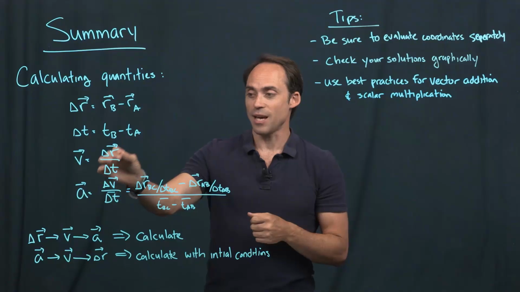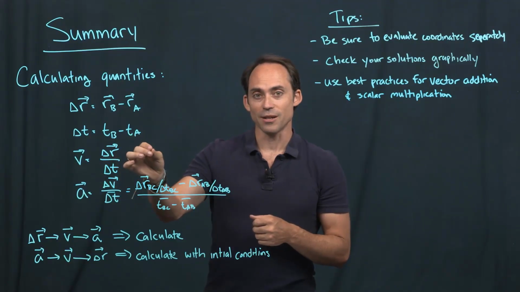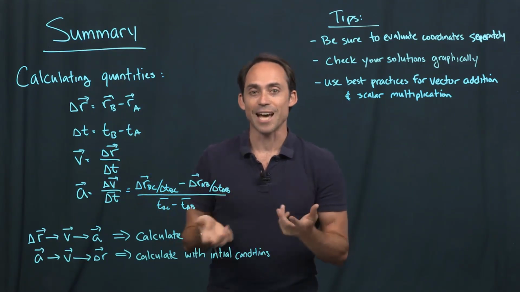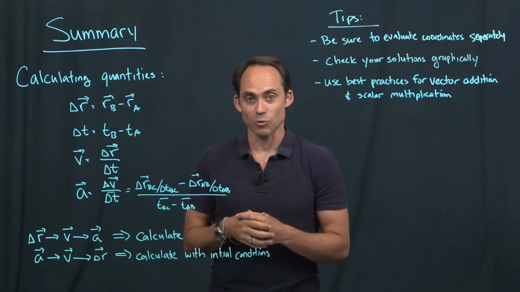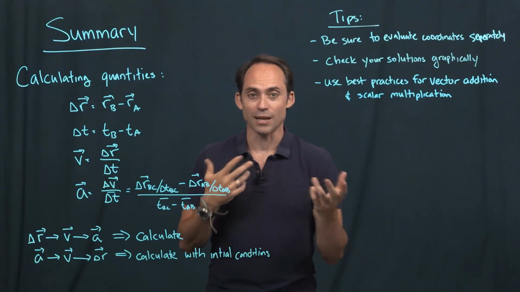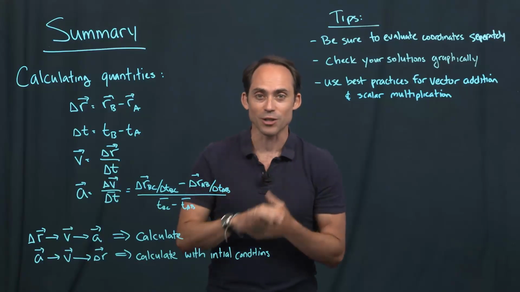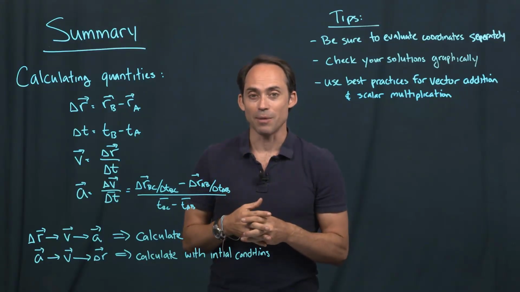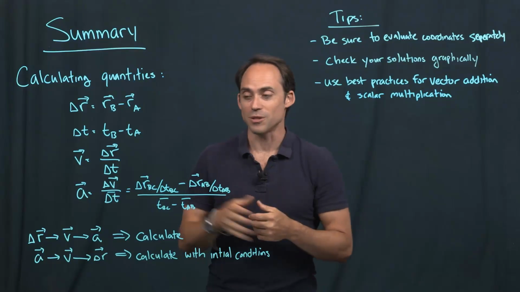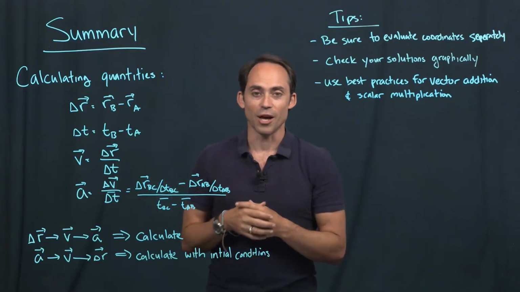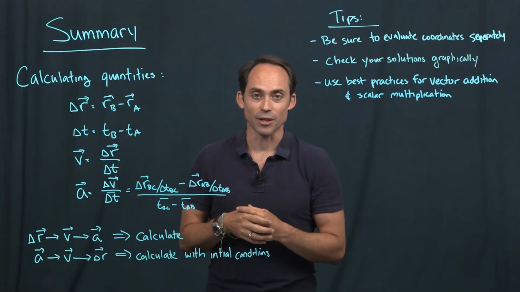And because this is a vector divided by a scalar, the velocity is going to point in exactly the same direction as the displacement. That scalar quantity won't make it point in a different direction. If it's a negative time, it may, but we're mostly talking about forward time, so this is going to be a positive quantity. You're going to have the velocity vector parallel to the displacement vector.